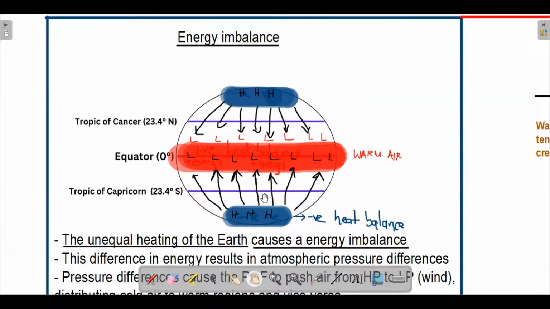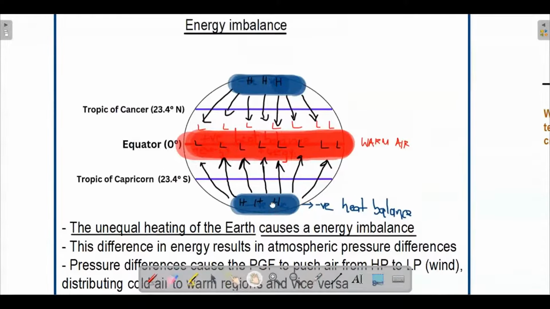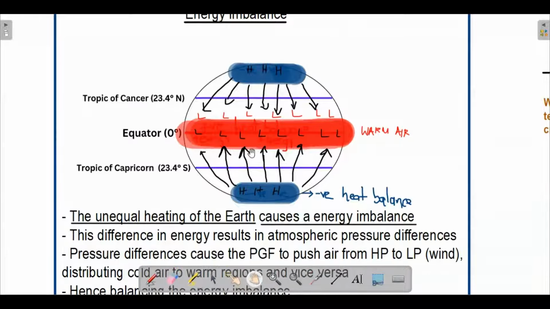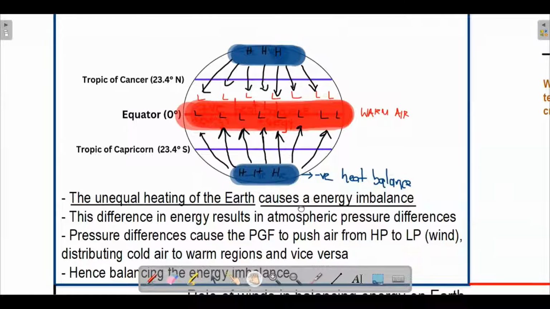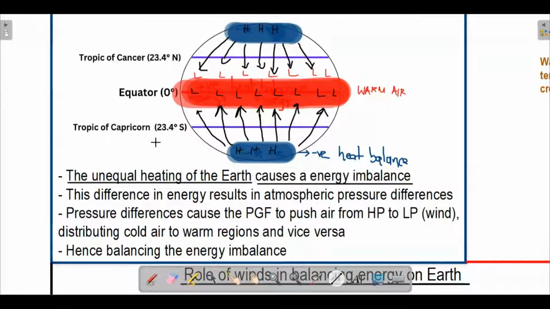Okay, so that is regulation, guys. That is trying to balance the energy here at the equator, because now you have these cold winds that have moved from the polar regions to the equator. The equator was too hot, but now it gets cooler and cooler and cooler. So there's a balance now. At the equator, it is not as hot as it would be if you had not had these cold winds moving from the polar regions. So that is an important thing to note.